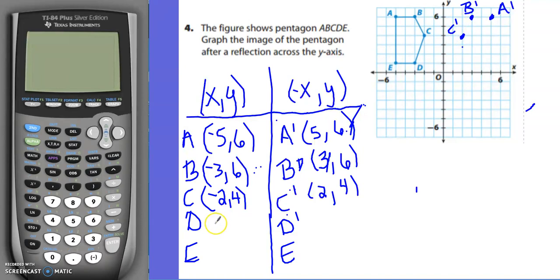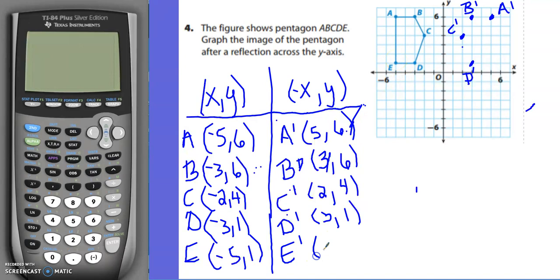Okay, D is negative 3, 1. So we went over to the left 3, up 1. The opposite of negative 3 is 3, and we have 1. So 1, 2, 3, up 1. And then lastly, E, negative 5, 1. So we went to the left 5, up 1.